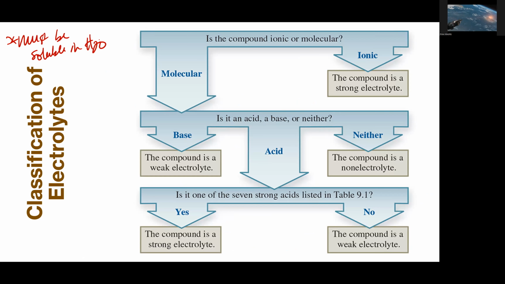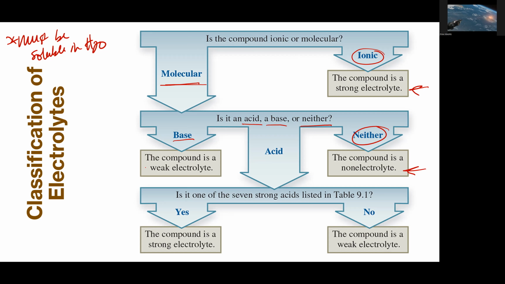Okay, so if it's soluble and if it's ionic, it's a strong electrolyte by default. That's just how it goes. All the ionic compounds that are soluble dissociate completely into ions in solution, and that makes it a strong electrolyte. Okay, if it's a molecule, we have to go back and ask ourselves, is this an acid, a base, or neither an acid nor a base? If it's neither, it's a non-electrolyte because it's not going to make ions in solution.